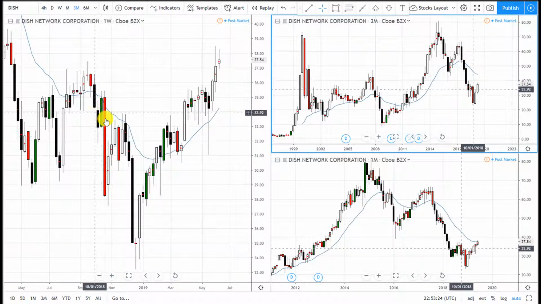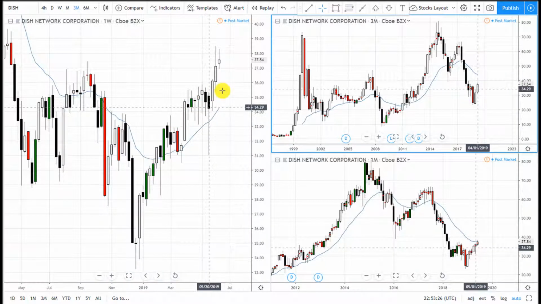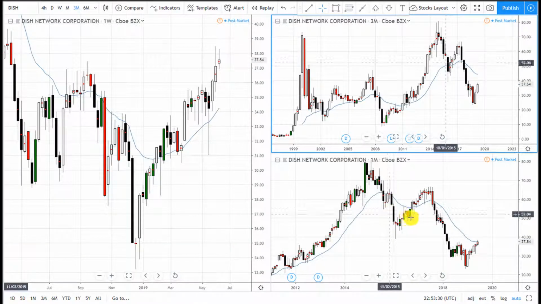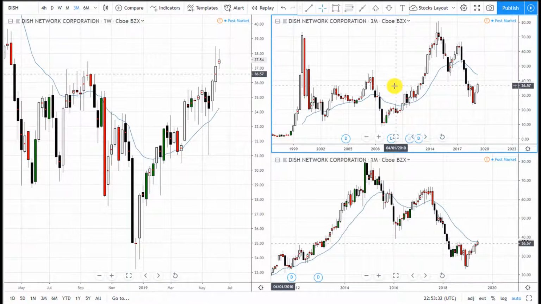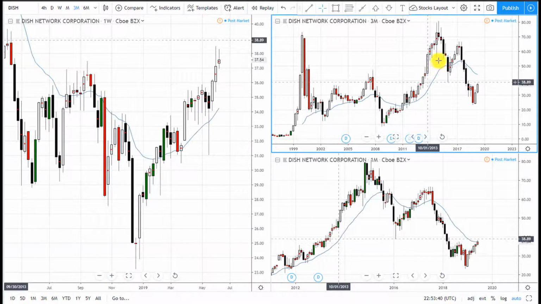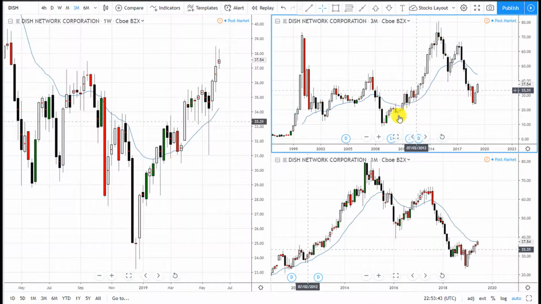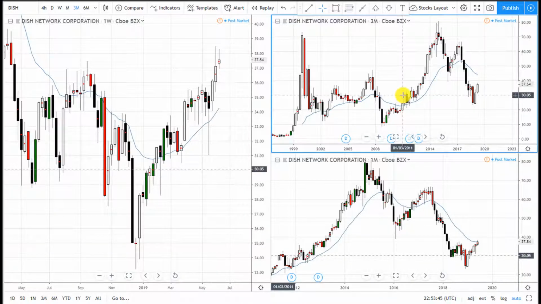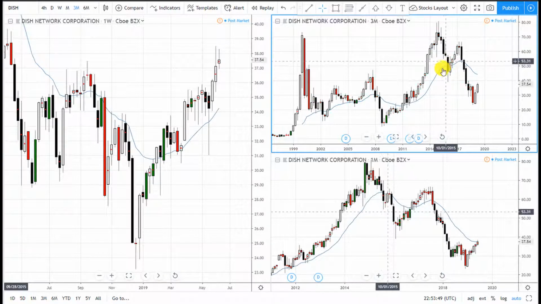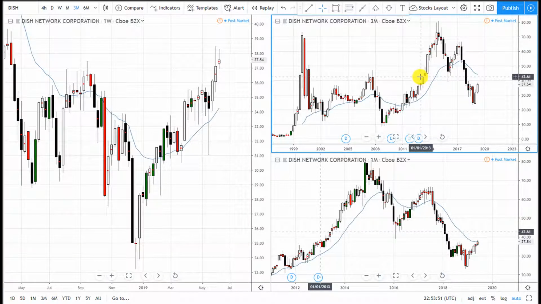On the left-hand corner here, every candle is 1 week. In this box, every candle is 1 month. And on this top box, every candle is 3 months. It's very long-term charting that I'm doing, long-term trades, just because long-term trades is where all the investors and all the big banks and institutions are trading.